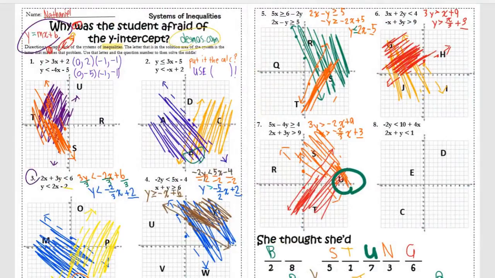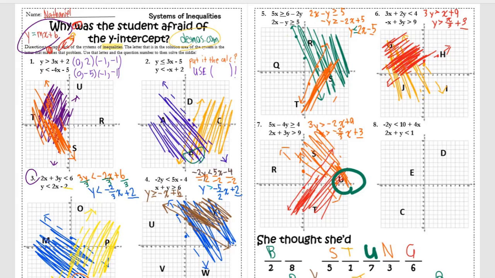So for our last problem, we have negative 2y is less than 10 plus 4x. The first thing we have to do is to divide every term by negative 2, because it's negative 2 times y. The opposite of multiplication is division.